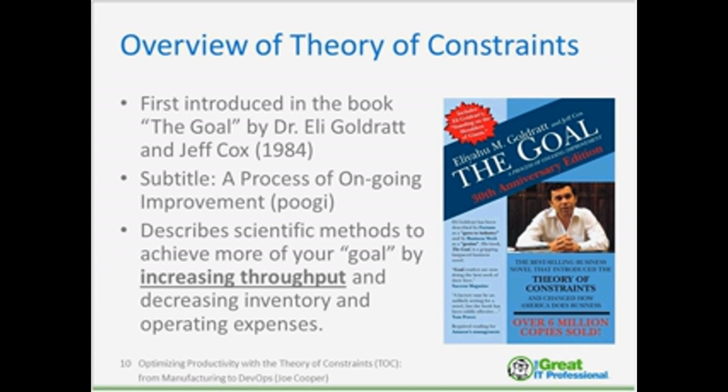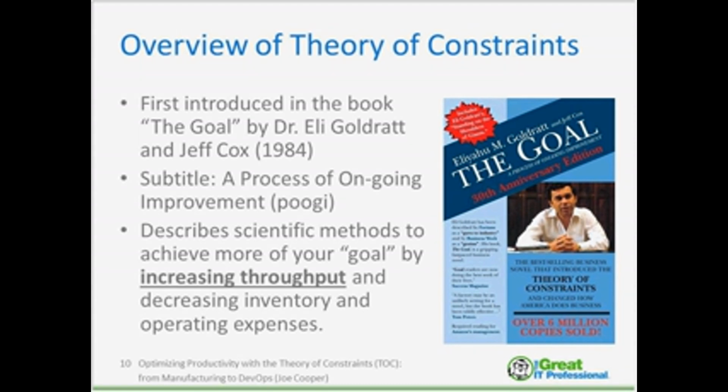The book The Goal and the Theory of Constraints really describes scientific methods to achieve more of your goal. And one of the first steps in improving within an organization is to really understand what is the goal of that organization. For most for-profit organizations, the goal is probably something financial. But certainly not-for-profits and other organizations can have goals that are not financially related.